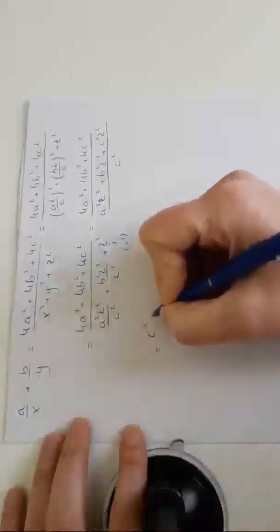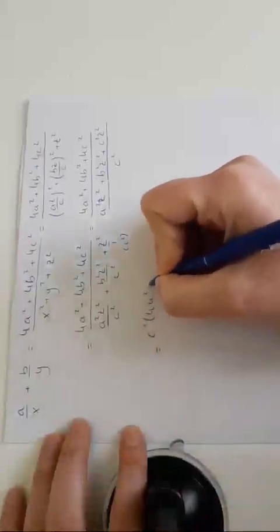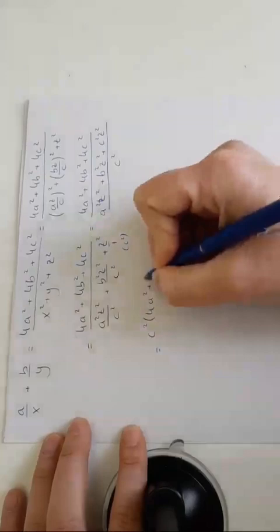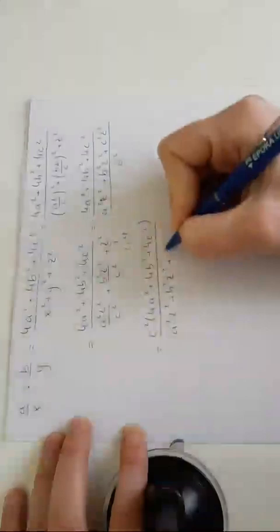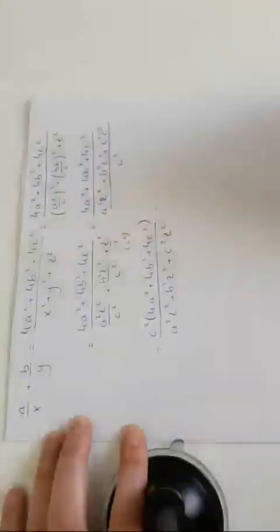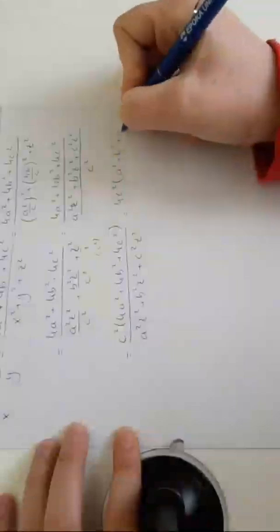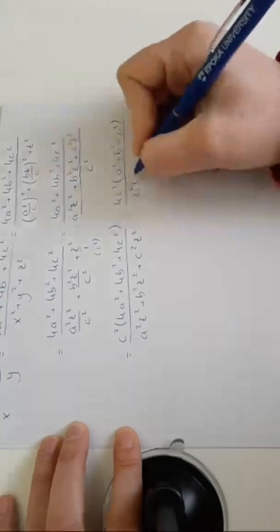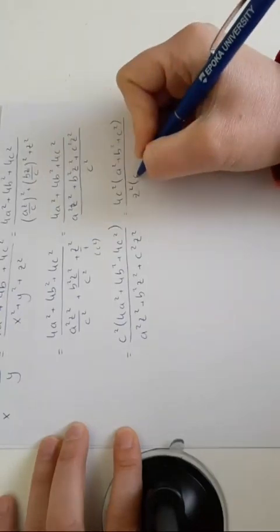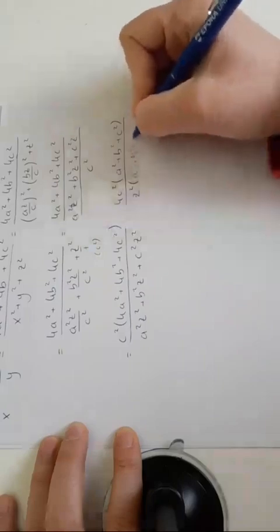I will get c squared times (4a squared plus 4b squared plus 4c squared) over (a squared z squared plus b squared z squared plus c squared z squared). It will be 4c squared times (a squared plus b squared plus c squared), and over here z squared is the common term, so it will be z squared times (a squared plus b squared plus c squared).